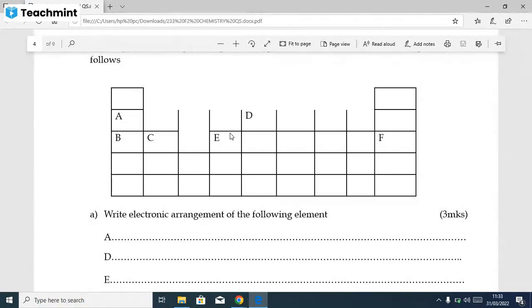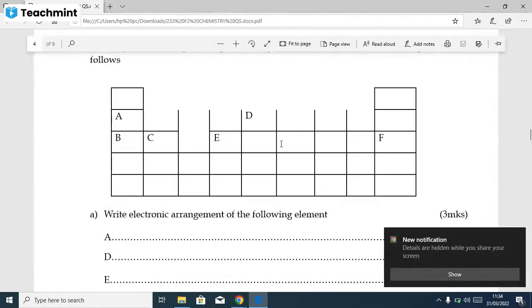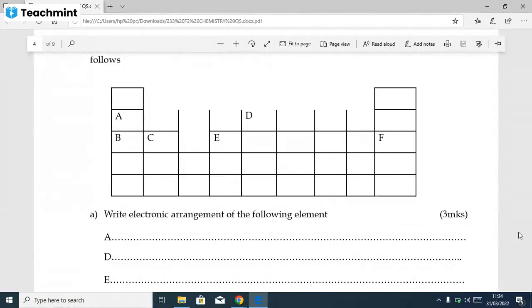For example, calcium, we write Ca2 plus. But when you talk about oxidation, we start with the sign, then the number.